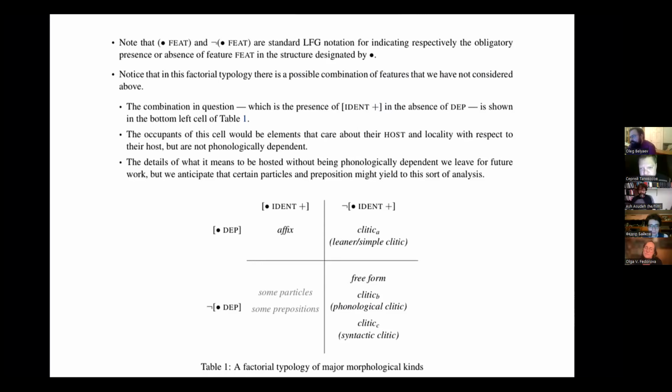It's the thing that is positively specified for dep and ident, or it's the thing that is positively specified for dep but not specified for ident, and so on. This is part of the reason why we made up these things, clitic A, clitic B, clitic C. But you've made a good point, Peter, which is that even the distinction between affixes and clitics is also fraught from a typological and language data perspective, as well as a theoretical perspective.